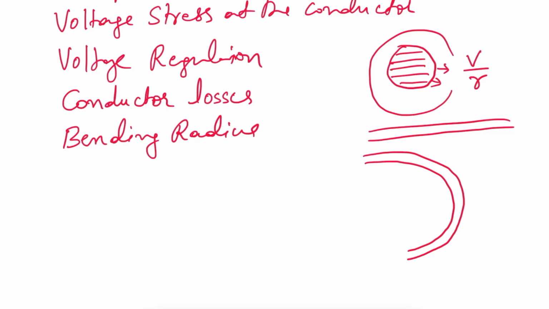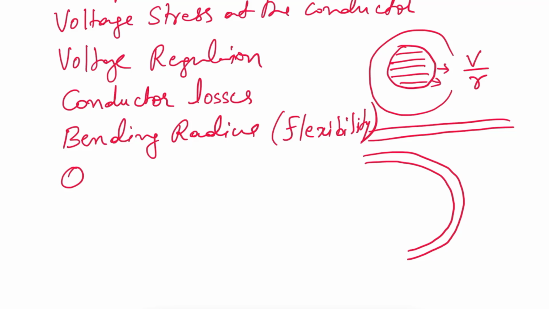If it is made up of several strands, then the bending radius can be decreased. So this is an important consideration. It decides the flexibility of the cables based on the requirement of the laying, etc. So the design depends on bending radius requirements also.